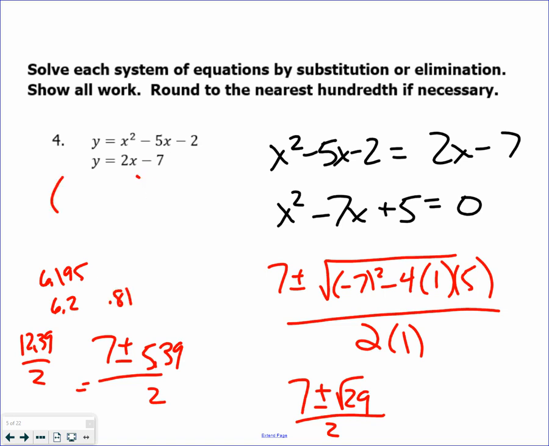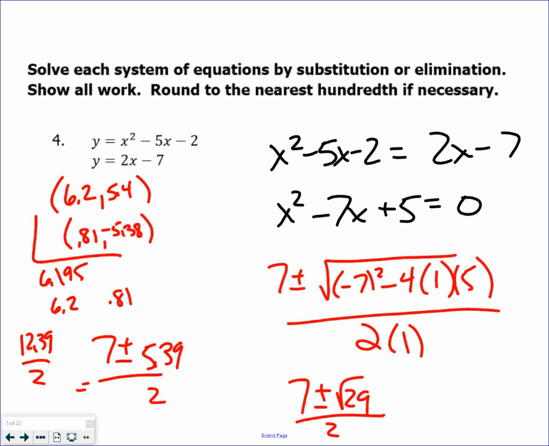So now, if I plug 6.2 in for x, 2 times 6.2 minus 7 is 5.4, and 0.81 times 2 minus 7 is negative 5.38.